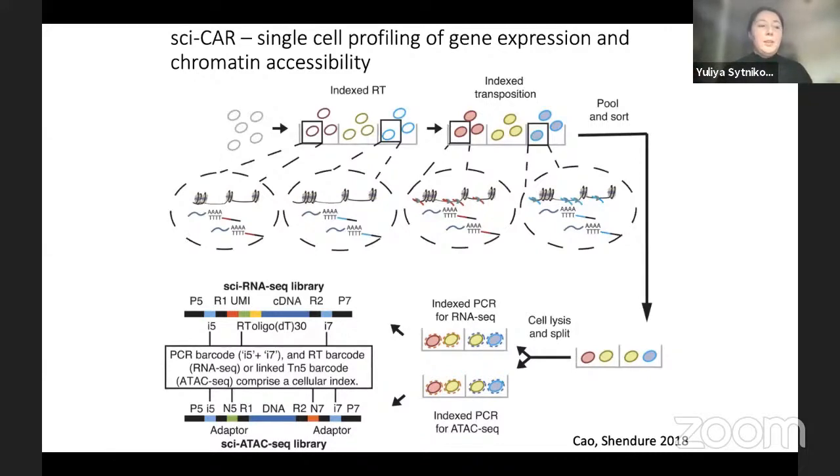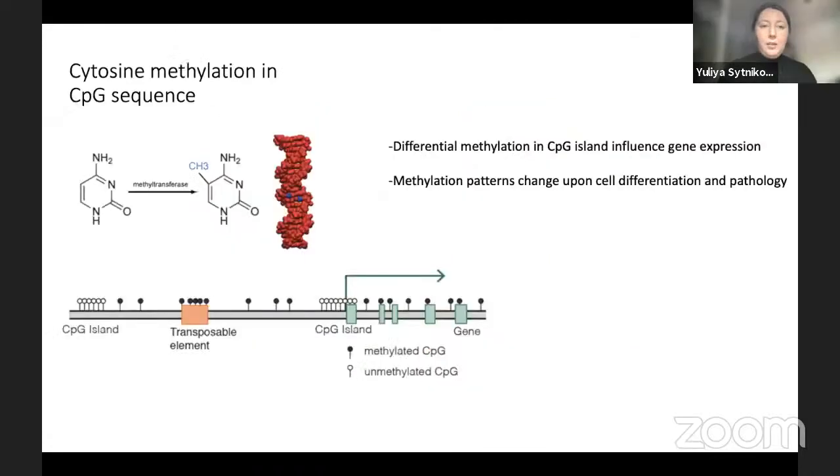So this approach is still developing, and papers appear about combinatorial profiling of different marks. And I have to mention here that some of these approaches also try to profile DNA methylation together with RNA expression and chromatin. I didn't mention DNA methylation before. On its own, it is usually profiled by bisulfite sequencing.